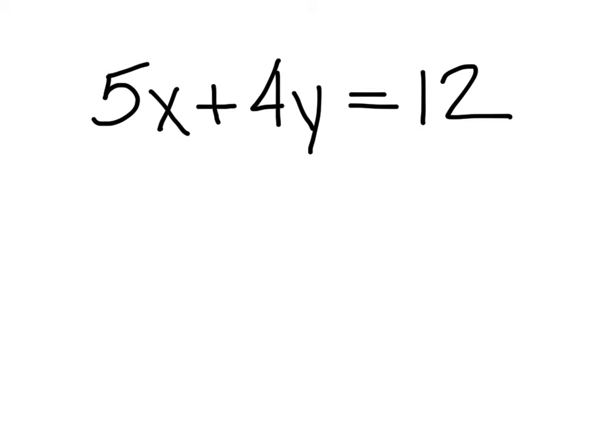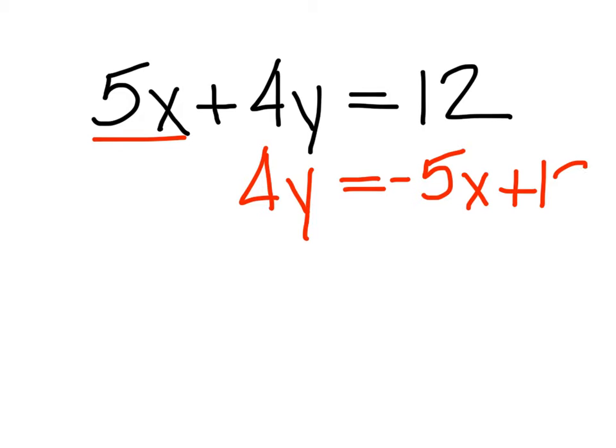Graph the following equation that is in standard form. It is 5x plus 4y equals 12. You're going to leave the 4y where it's at, move the 5x to the right, change the sign, and then divide everybody in here by 4.